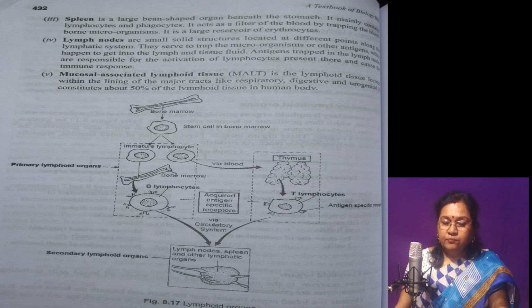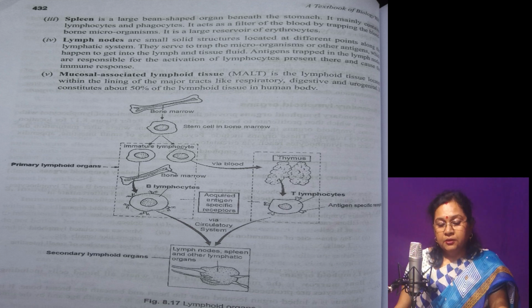The spleen, which is a large bean-shaped organ, contains lymphocytes and phagocytes, which filter the blood by trapping the microorganisms entering the blood.